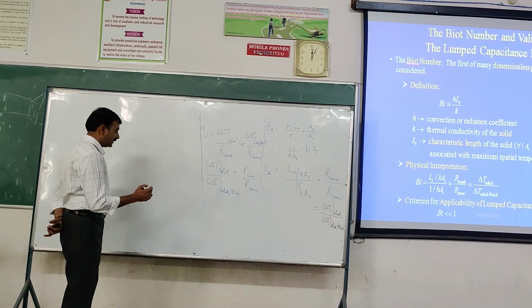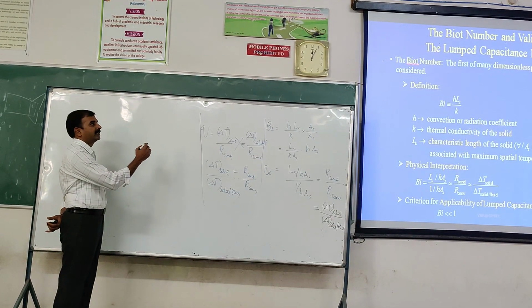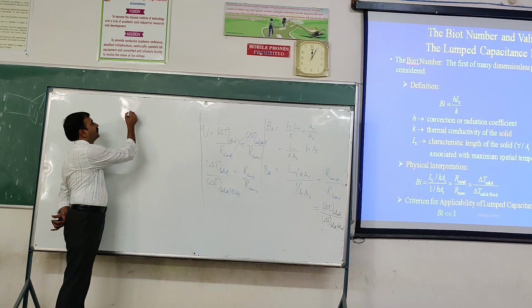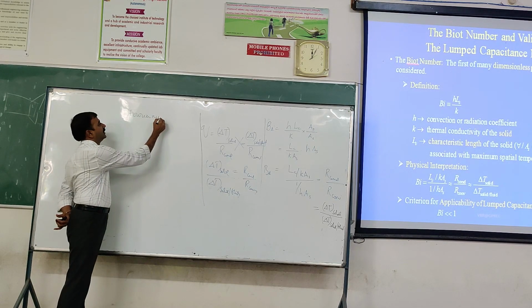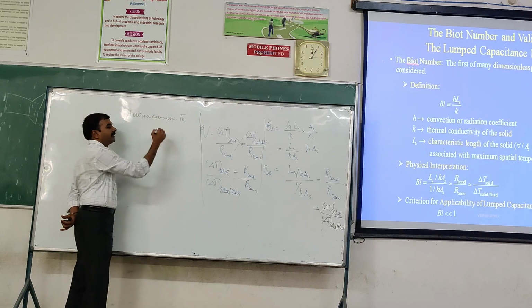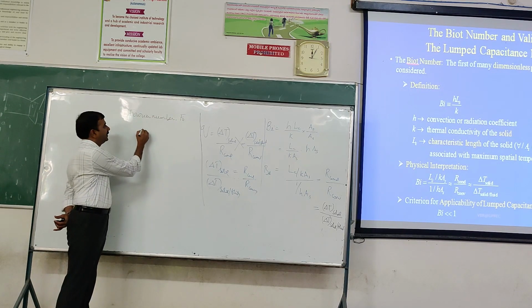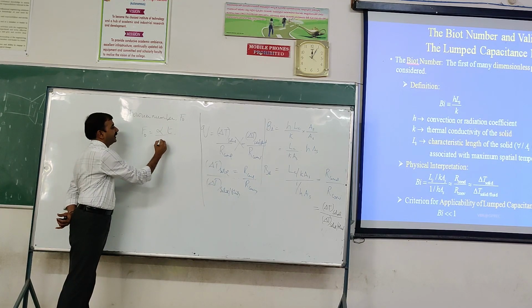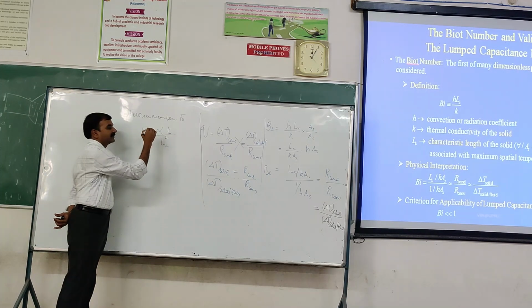There is another dimensionless parameter that we use in this analysis known as the Fourier number, written as Fo, is equal to alpha t by Lc square.